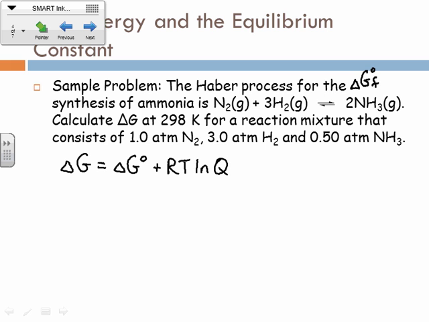I'm going to have to look in the back of the book and make sure on that. Yeah, it is delta G of formation. So what you can do on this one, actually, because both of these right here, N2 and H2, are elements in their standard state, their most common state, the delta G for both of these is going to be 0.